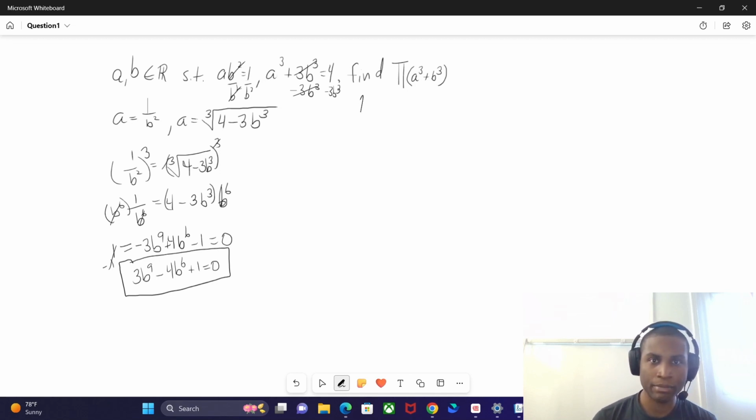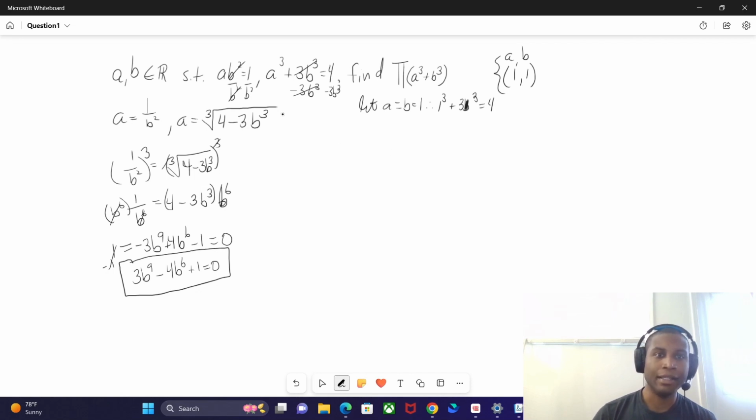Let a equal b equal 1. If a and b are both 1, that means 1 cubed plus 3 times 1 cubed equals 4, and that is true. So we have found our first values of a and b as 1 and 1.